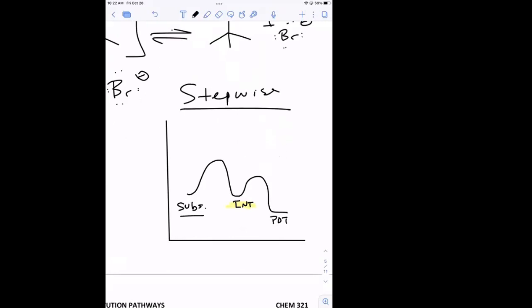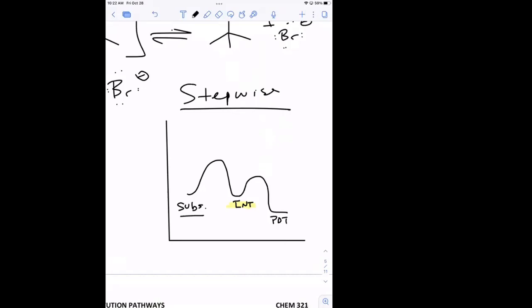What that means is what it says. The overall mechanism happens in multiple steps. But the substitution part, if it's part of a larger mechanism, is going to have two steps.